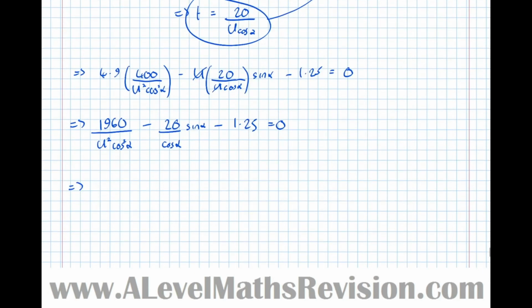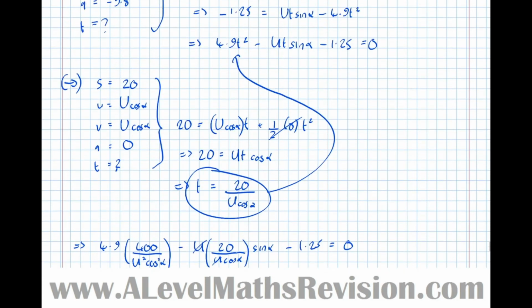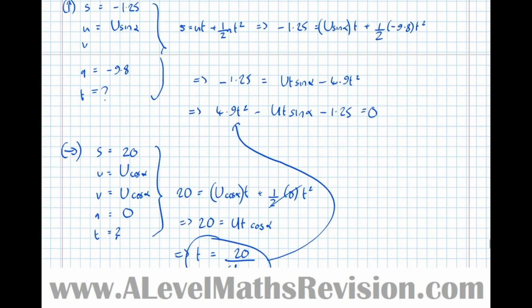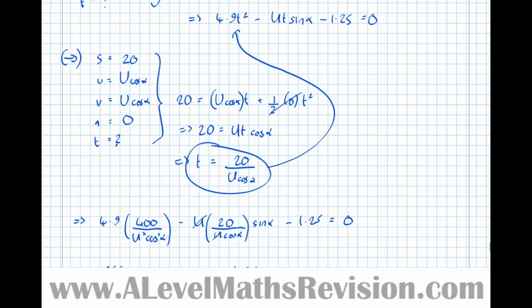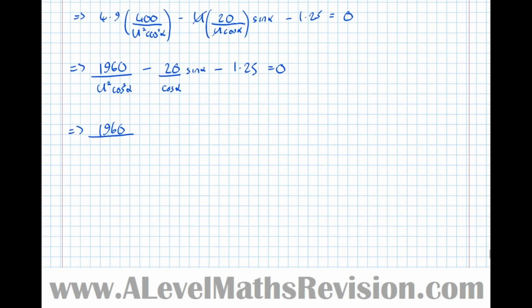So, which implies that 1960 over, and u squared we worked out in a previous part. Where have we done it? Just up here. U squared we worked out to be 2g over sine squared alpha. So this u squared here we can replace with 2g over sine squared alpha.